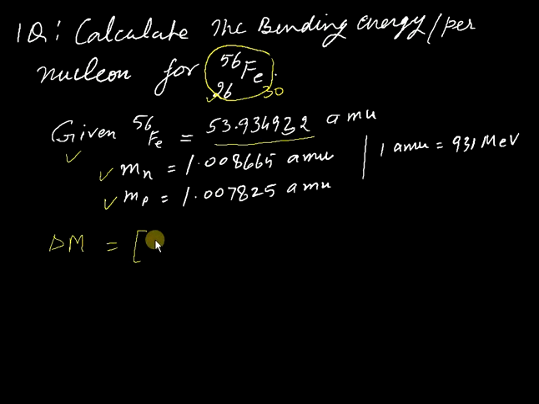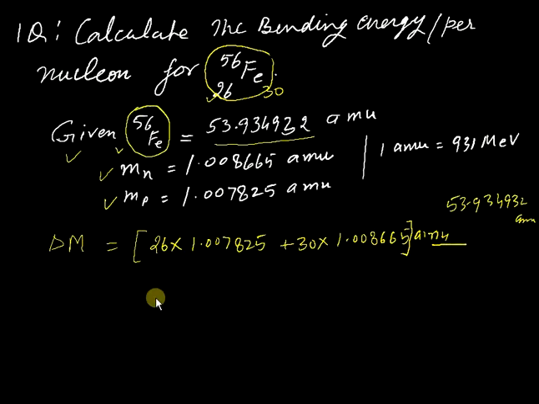So first of all, 26 multiplied by the mass of one proton, that is 1.007825 AMU, plus how many neutrons are there? 30, each multiplied by 1.008665 AMU. This is the sum of the masses of the constituents of that particular nucleus, and we subtract the mass of the nucleus.